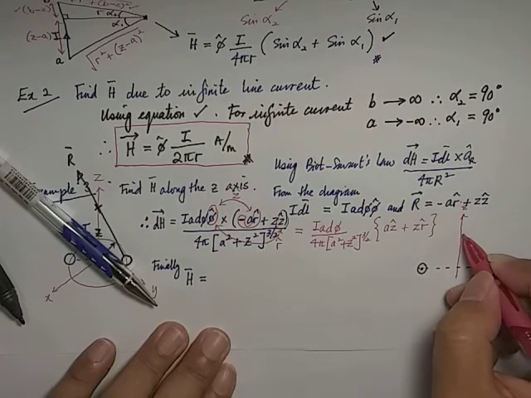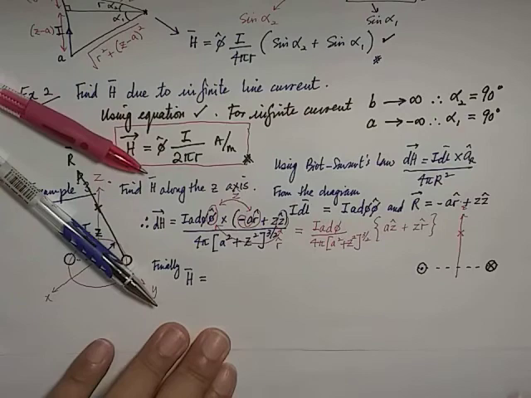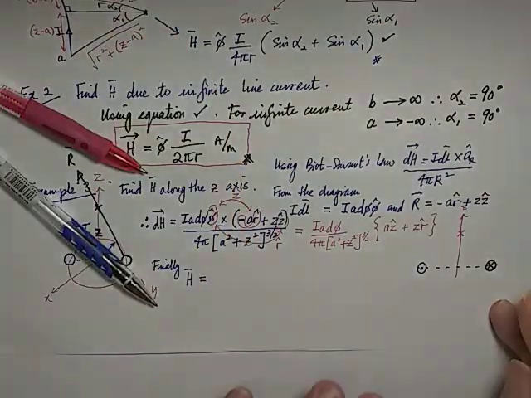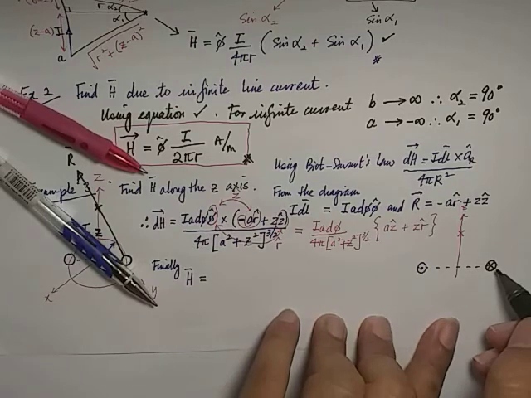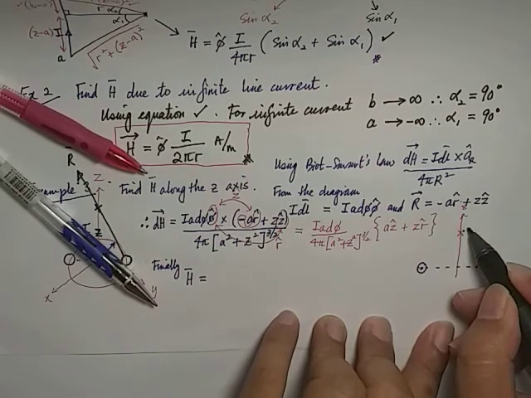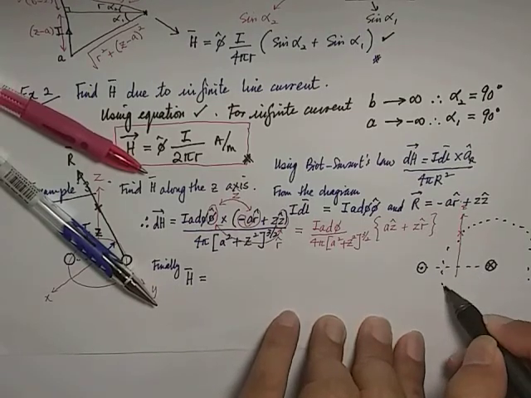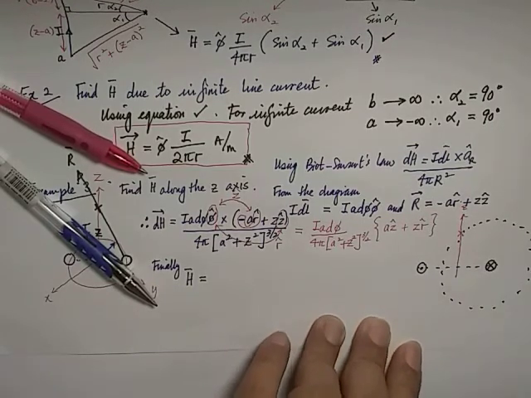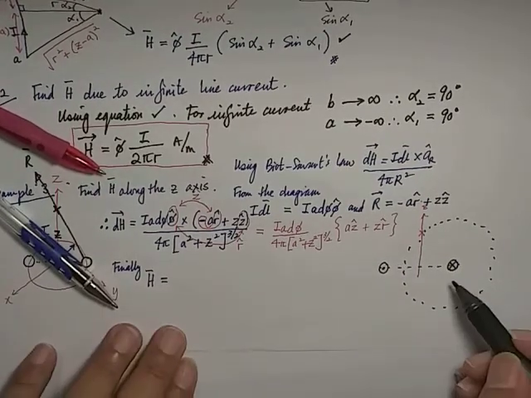So I want to determine H here. Based on the previous problem that we solved up here, we can use this idea now. So the current is going to produce a magnetic field in terms of the field directions, meaning in terms of these circulating directions.